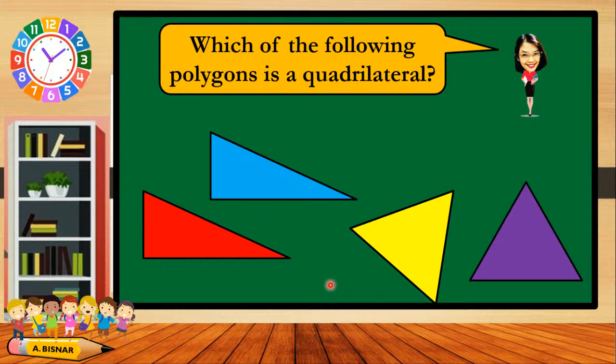Okay. There's no quadrilateral from the given illustrations because they are all triangles. Now, using these triangles, di ba I asked you to have scratch paper? Kanina sinabi ko, meron na ba kayo dyang scratch?